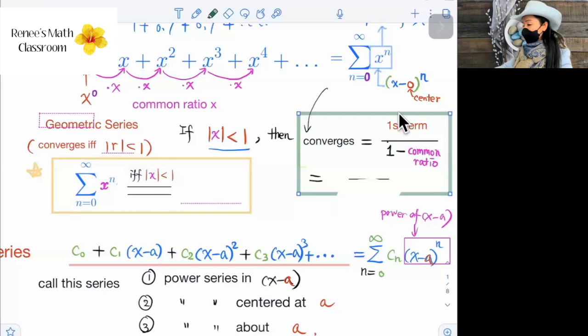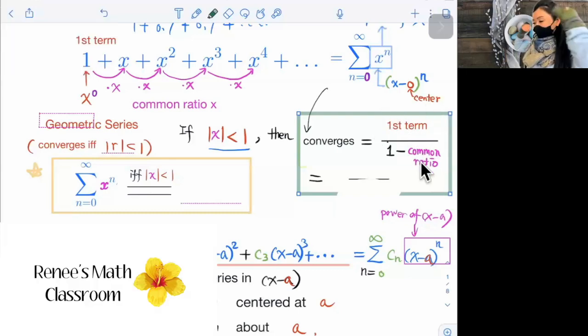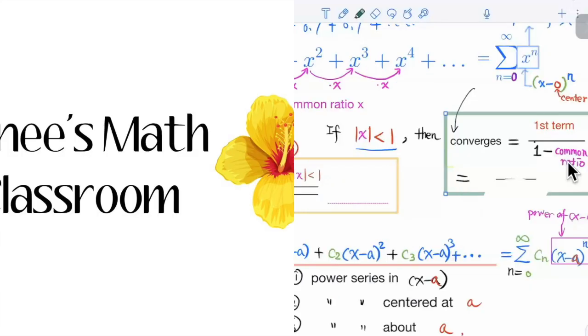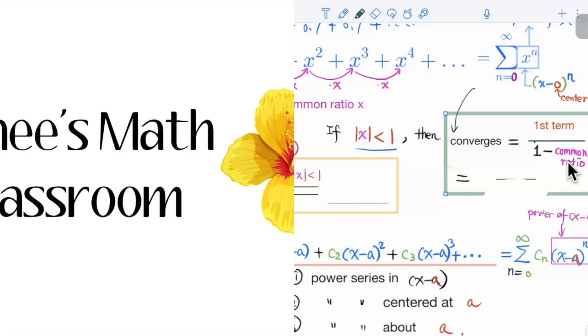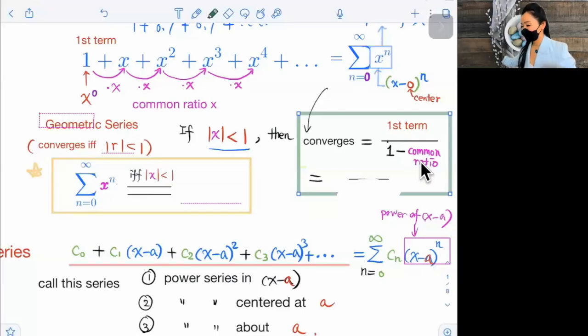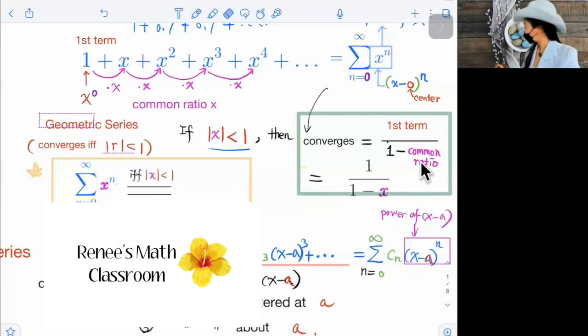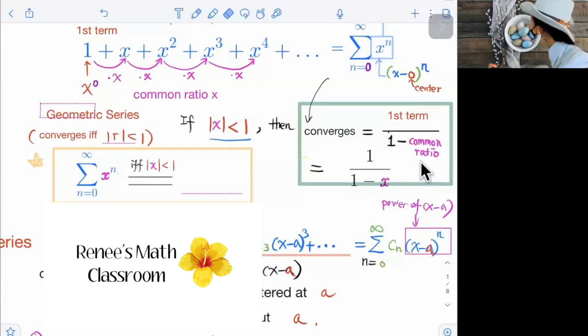Now, in this case, what's the first term? First term is 1. And what's the common ratio? It's x. So what does it converge to? 1 over 1 minus x, right? You got it. Now this is an important result.